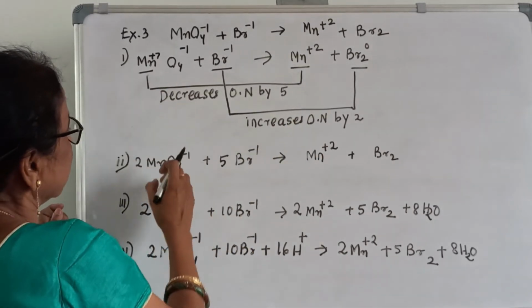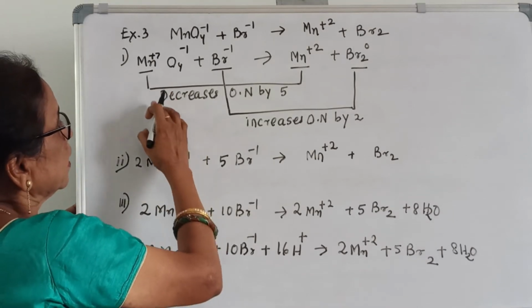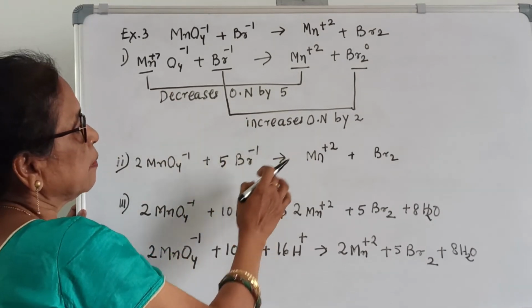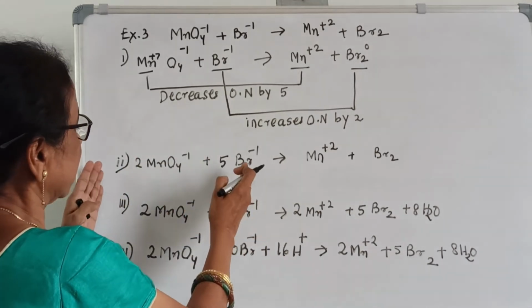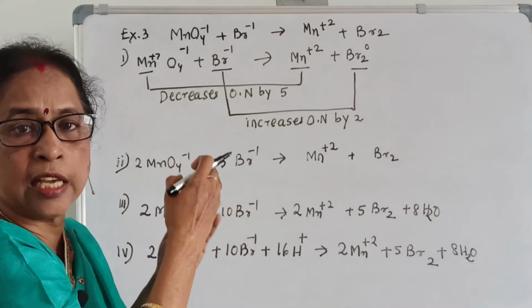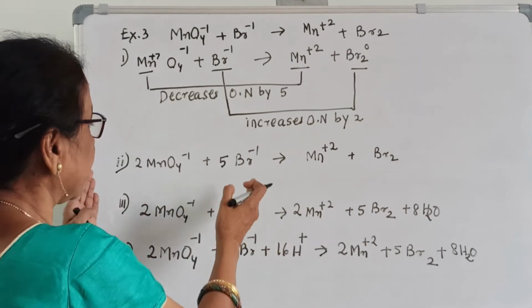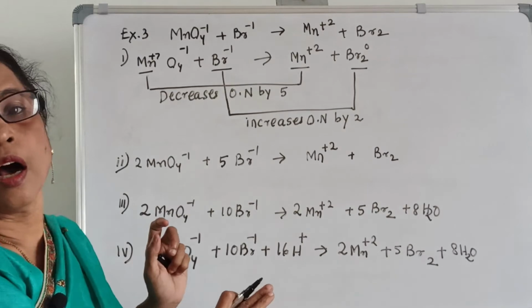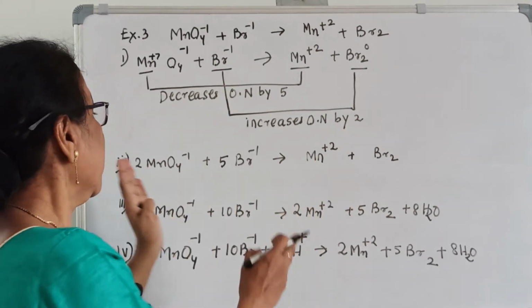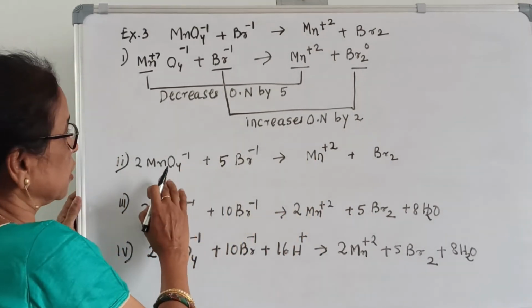Now what happened here, you can see it decreases by 5 and increases by 2. So how can you equate the oxidation number on the reactant side? Don't forget that this is the reactant side, the left-hand side.